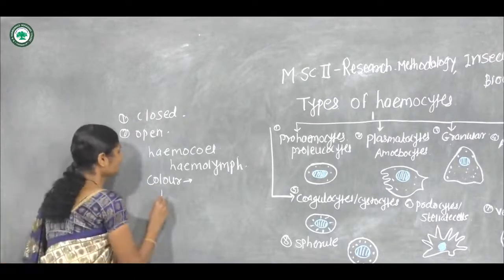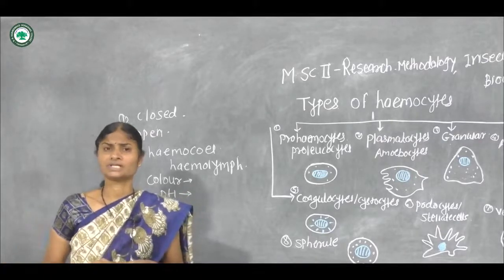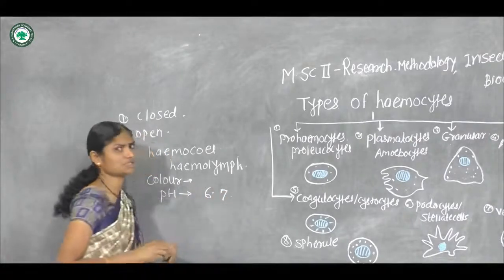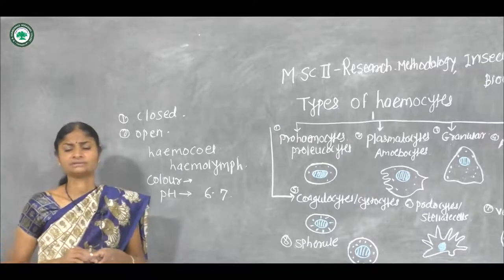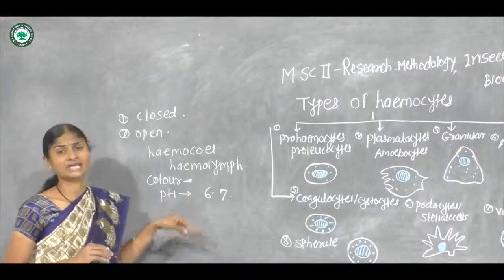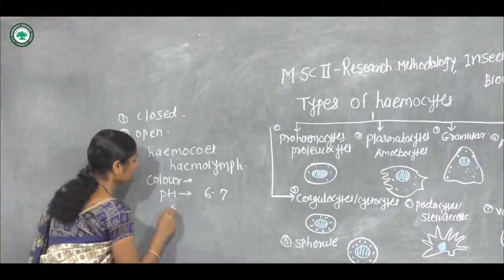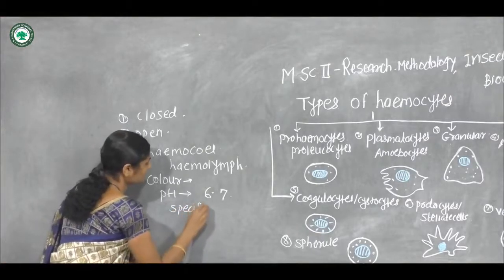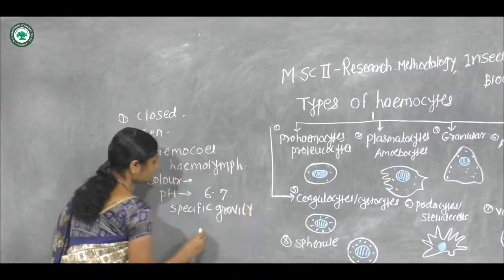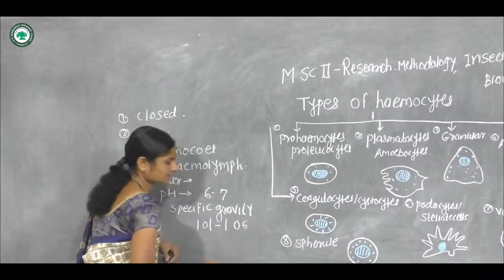Hemolymph pH is slightly acidic, ranging between 6 to 7. The specific gravity of hemolymph is 1.01 to 1.06.